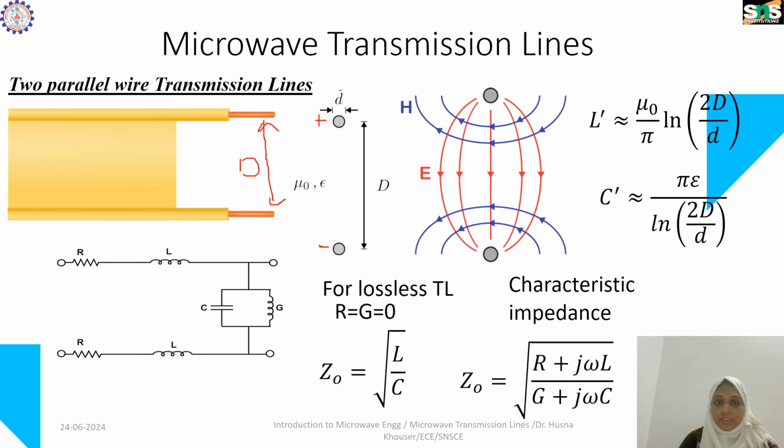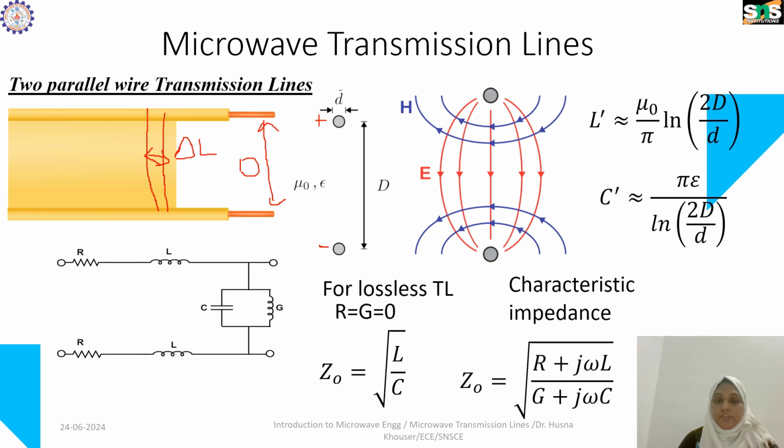Capital D is the distance between the conductors, and for this cross-sectional area we say it is del L. We take this cross-sectional area for analysis purposes, where L is the length of the transmission line.